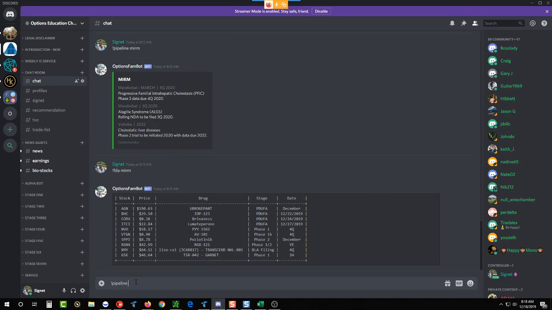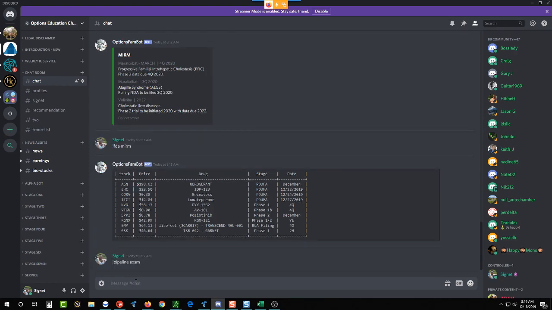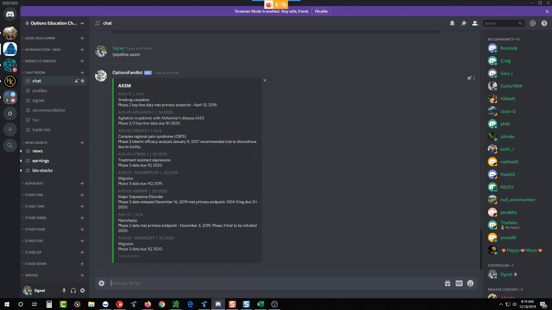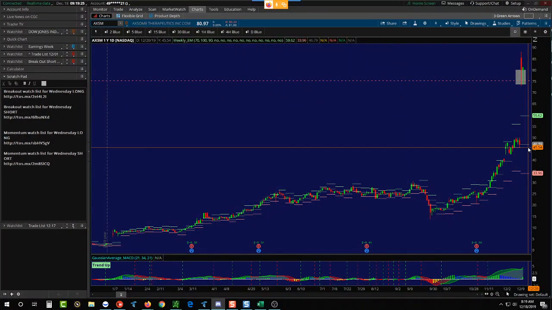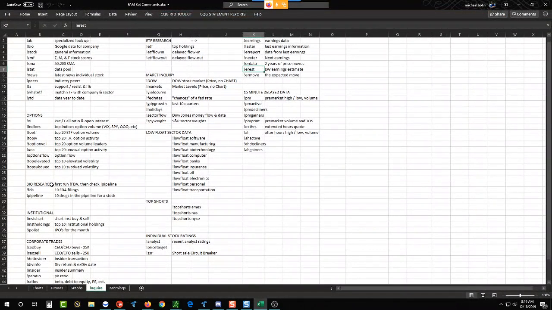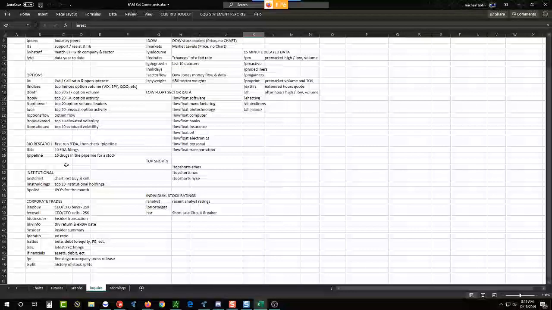So with this one, AXSM, you can see that they have products in the pipeline. There's fourth quarter 2019, 2020, 2020. So they've got things in the pipelines. You can check the FDA also, and then there are corporate filings also.